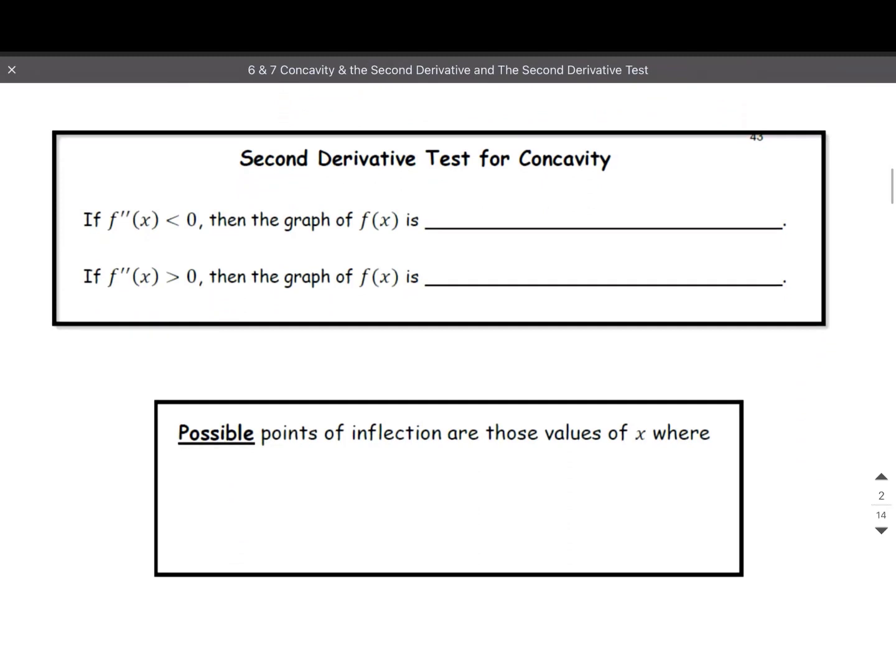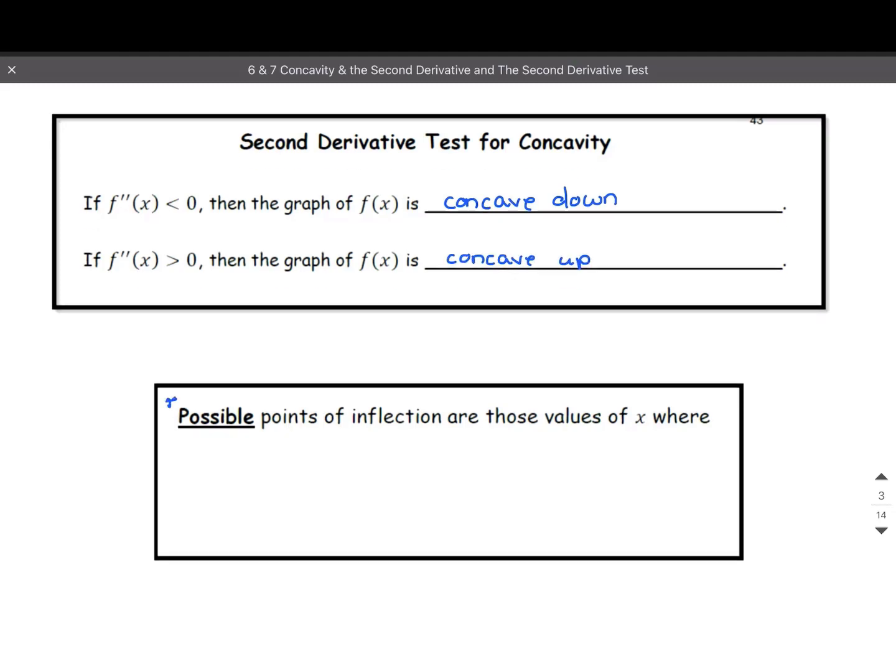So to sum this up, if the second derivative is less than 0, then the graph of f of x is concave down. And if the second derivative is greater than 0, the graph of f of x is concave up. And possible points of inflection are those values of x where the second derivative is 0 or where the second derivative does not exist.